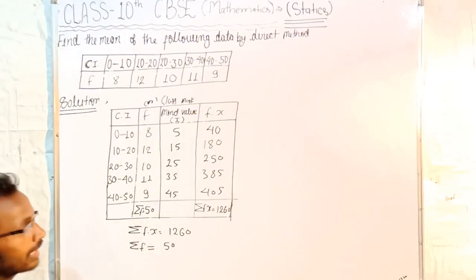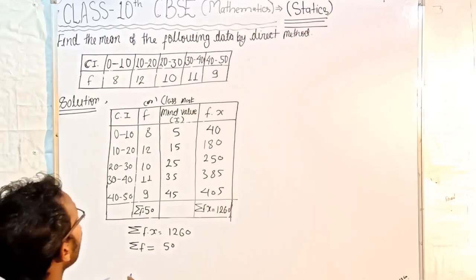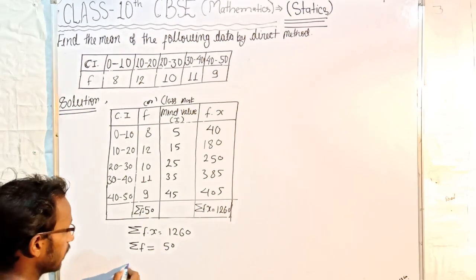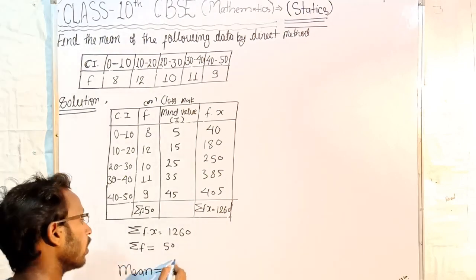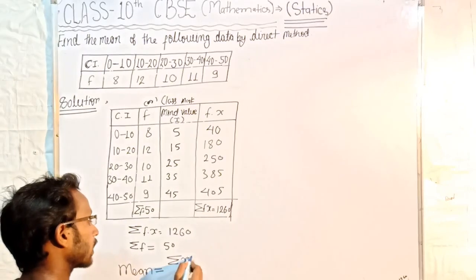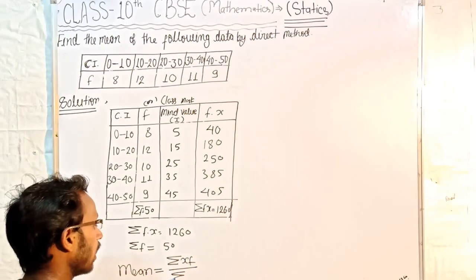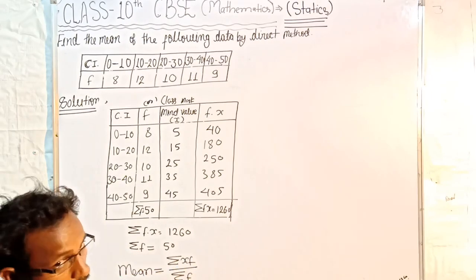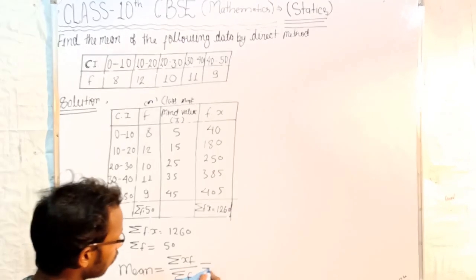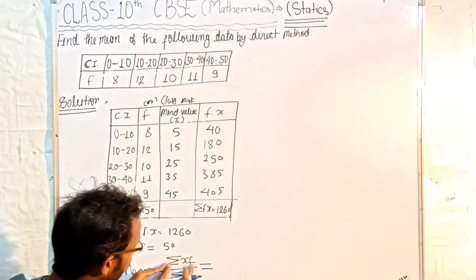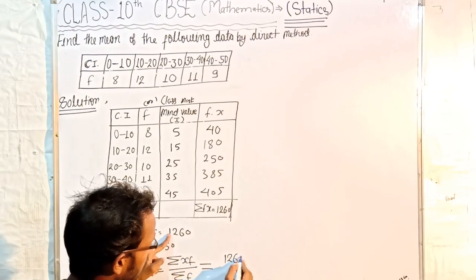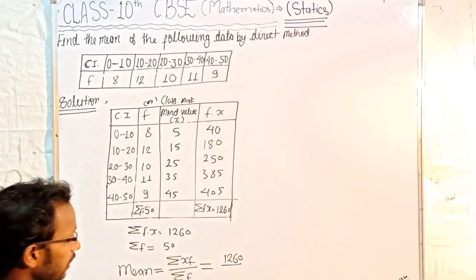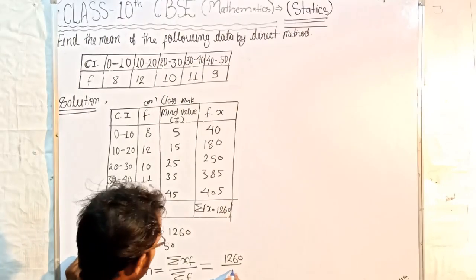For the direct method, the formula to find the mean is equal to sigma fx by sigma f. xf or fx is the same value. Okay. Now you can write the value of sigma fx as 1260, and the value of sigma f is how much here?